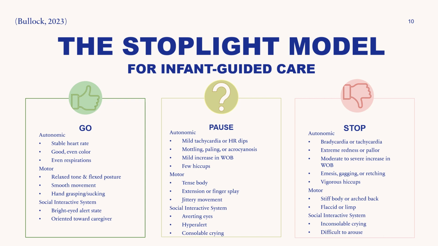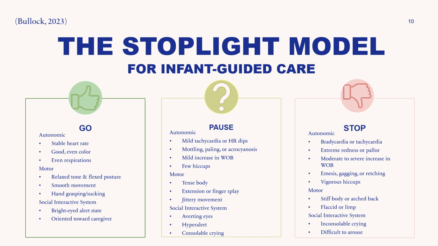for developmental care. And then we're going to stop and do some interventions if they have any bradycardia or tachycardia, extreme redness or pallor, moderate or severe increase in work of breathing, if they are vomiting or gagging or retching, they have vigorous hiccups, that means that their nervous system is overstimulated, so maybe stop feeding them if they're hiccuping a lot.